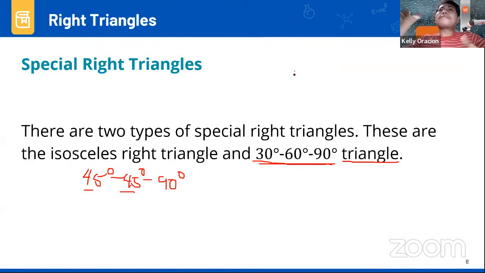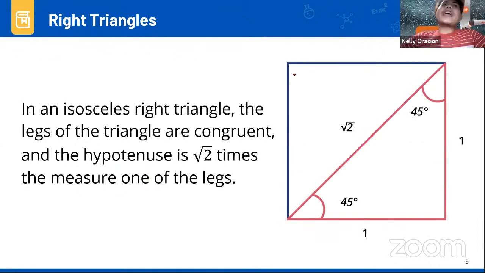In an isosceles right triangle, the legs of the triangle are congruent. This means this leg and this side are the same, so they have the same measure. And take note, the hypotenuse is square root of 2 times the measure of one of the legs.